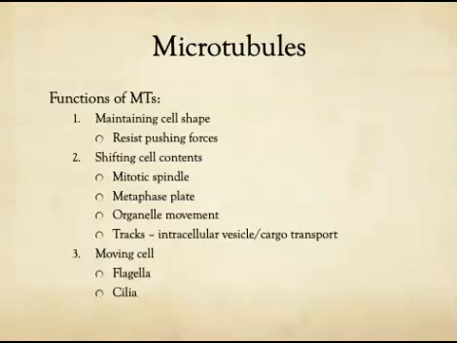Microtubules are also those roadways or those tracks that vesicles are transported across in a cell. When it comes to moving the cell itself, remember we're talking about structures like flagella and cilia on the outside of a cell, and it is microtubules that make up these structures. So microtubules play a role in all three of the functions of the cytoskeleton.